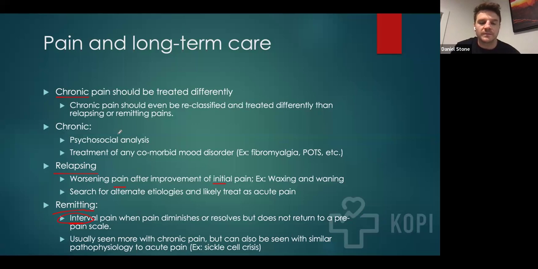I'm sorry, I mixed that up. Relapsing pain is when you have improvement of the initial pain, more when it's waxing and waning. An example of that would be chronic back pain. Sickle cell would be more consistent with a remitting pain.